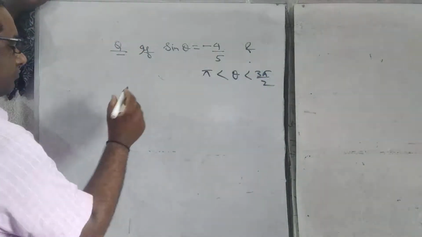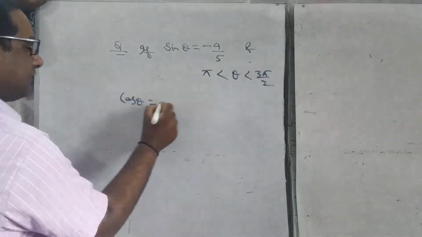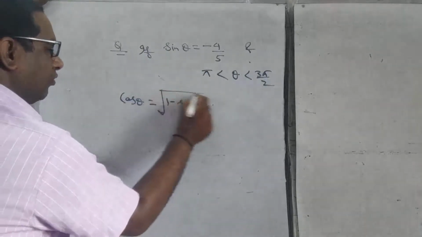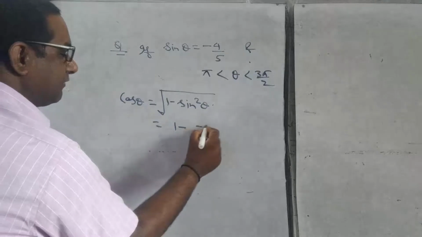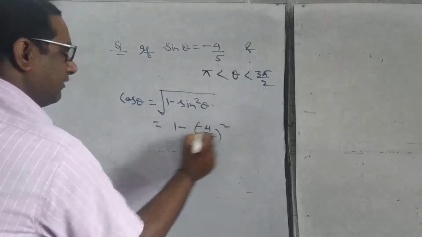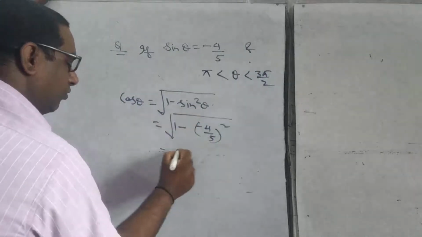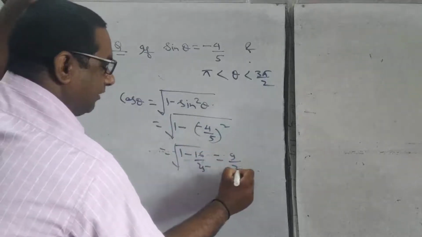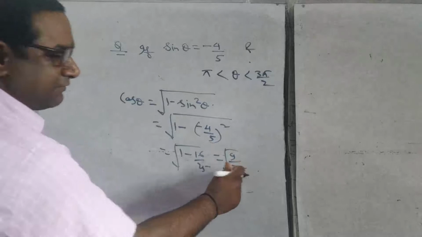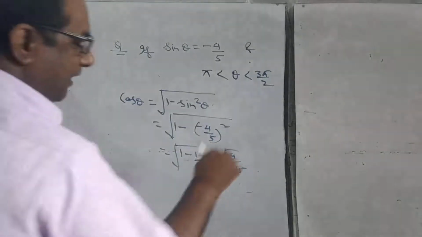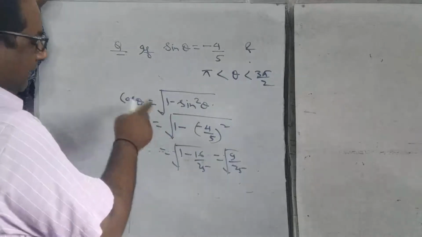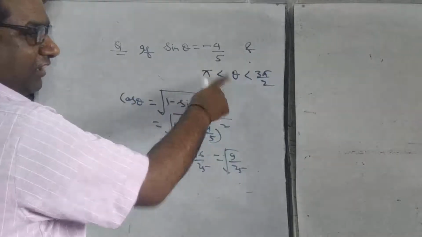Now cos theta is equal to root of 1 minus sin square theta, or 1 minus 4 by 5 whole square, or 1 minus 16 by 25, or 9 by 25. Now this gives plus 3 by 5 also or minus 3 by 5 also. So please remember, cos theta in the third quadrant is negative.